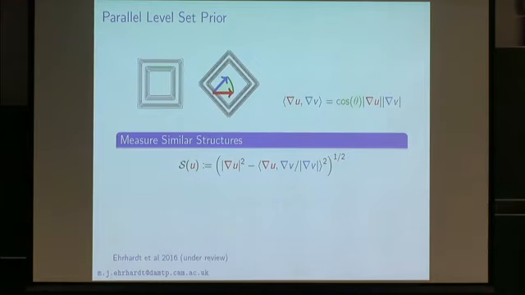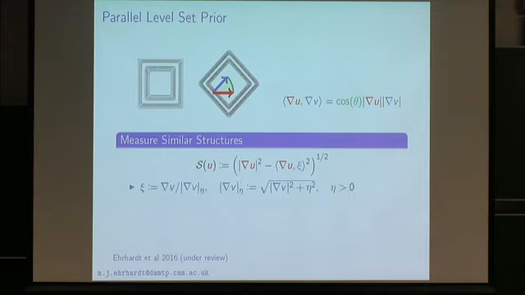But this function has one problem: it's not defined when the MR image is flat, so when the gradient of V is 0. Therefore, we regularize this function such that it's also well defined in the degenerate case where the MR image is flat.